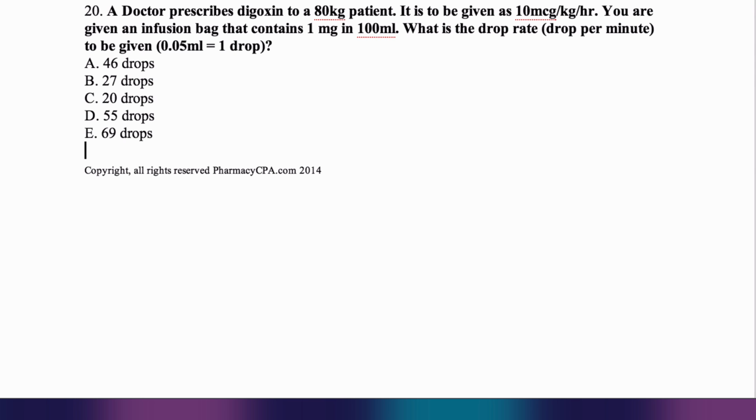Okay, what is the drop rate per minute? Oh, that's why. So what I worked out is per hour. Okay. So divide by 60. Divided by 60 to get the answer. 2 times 80, 80 divided by 3. 3 into 80 is 26. Sounds right.